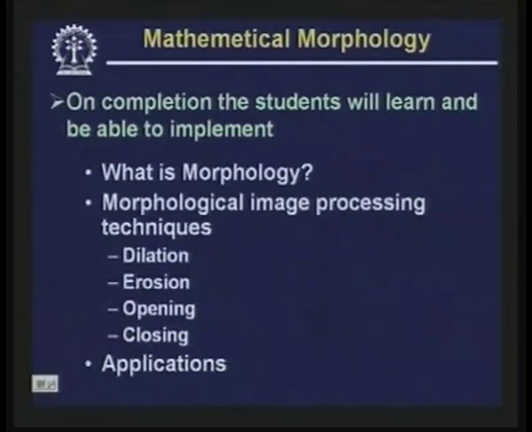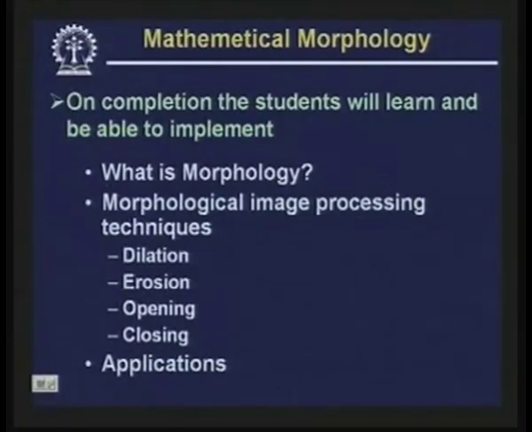In today's lecture, we will see what is mathematical morphology, and we will talk about different morphological image processing techniques, and in particular we will try to cover the topics of dilation, erosion, opening and closing operations. We will discuss each of these techniques one by one, and then see what the applications of these techniques are in our image processing operations.